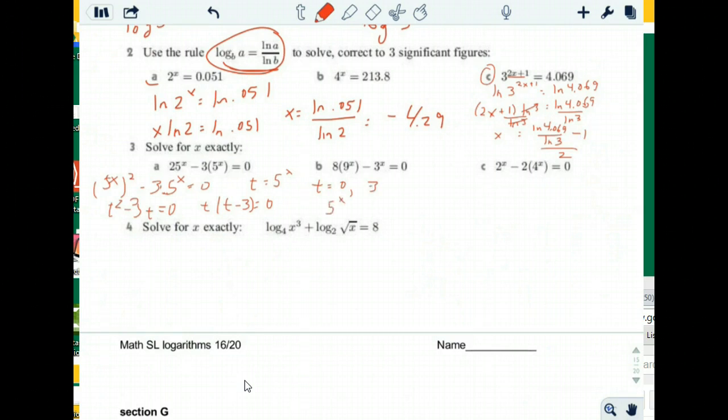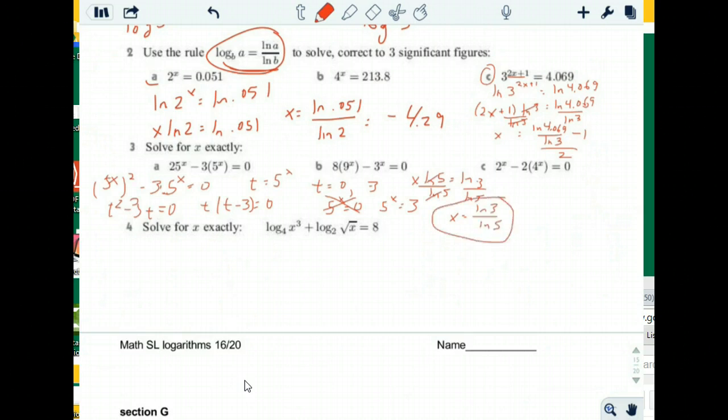So 5 to the x is equal to 0, or 5 to the x is equal to 3. We know that 5 to the x can never be 0 because there's a horizontal asymptote at 0. And so for 5 to the x equals 3, we could take the natural log of both sides. We would have x natural log 5 is equal to natural log of 3. And then we will divide both sides by natural log of 5. And then we'll have x equals natural log of 3 divided by natural log of 5.